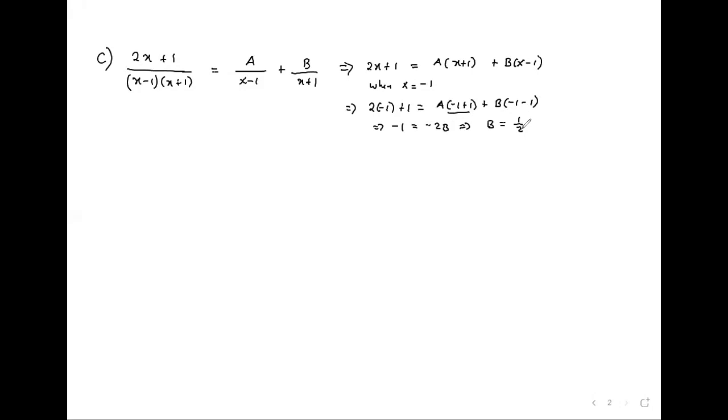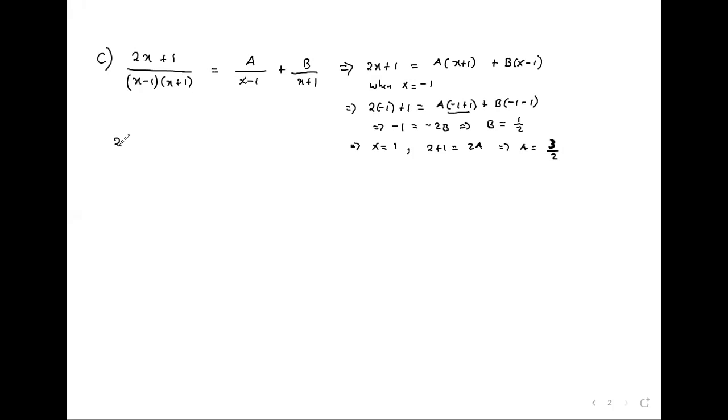Get back, when x is +1, what we'll have is 2 plus 1 is equal to 2a. The b part there will be 0, meaning that a is equal to 3 over 2. So you go back and substitute.